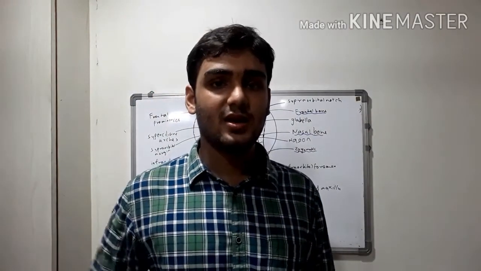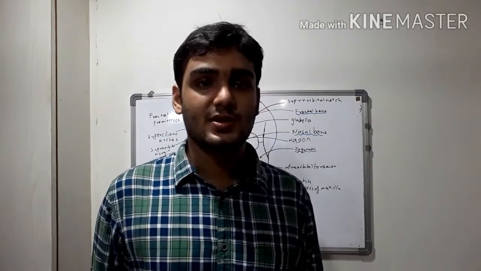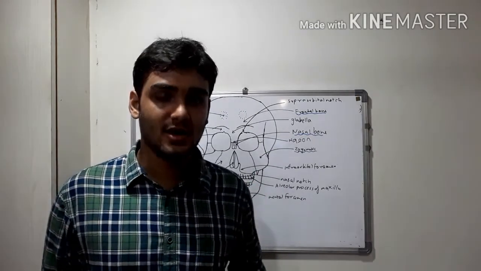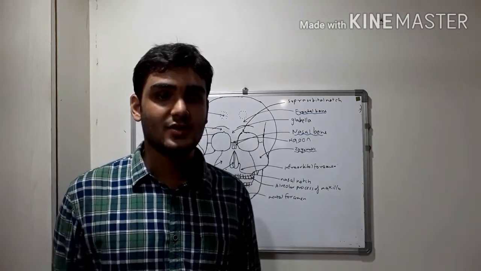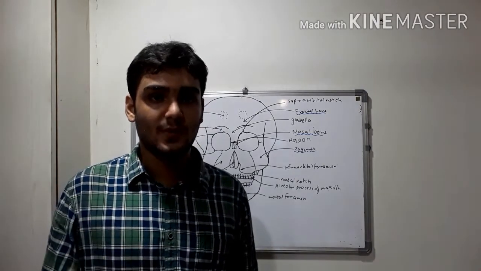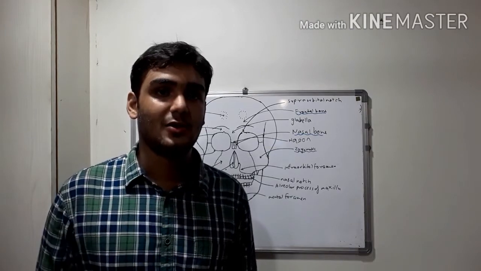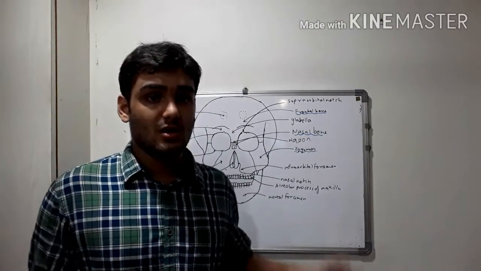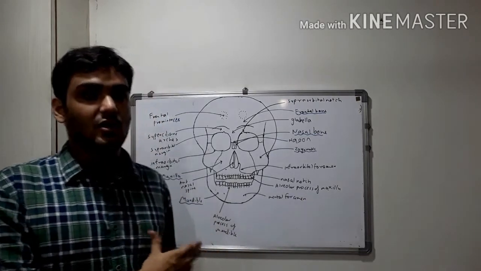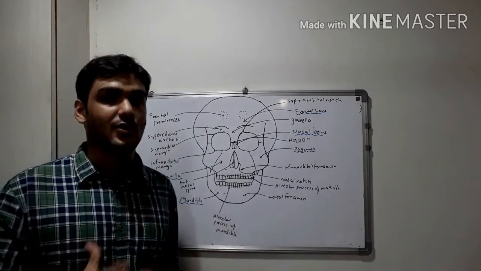So now we shall study the origins of various muscles of face on the diagram of frontal view of the skull, that is the norma frontalis. And without understanding the osteology of norma frontalis, you cannot comprehend the origin of muscles of face properly. I don't have a skull, means I have one, but not the skull on which I can explain the osteology. So I have drawn the diagram, and on this diagram I will explain various osteological points.